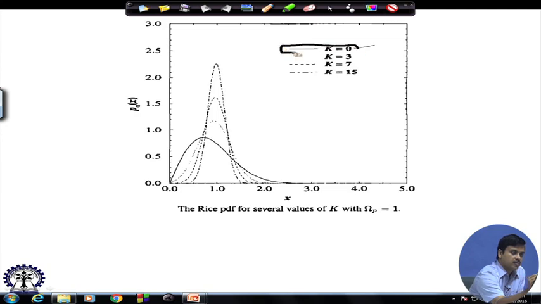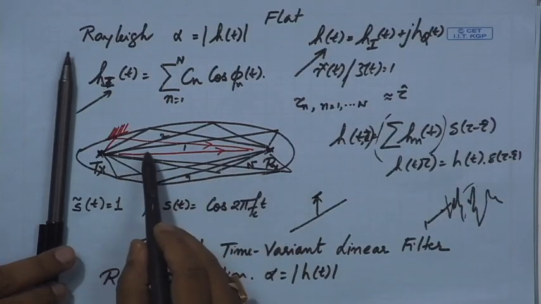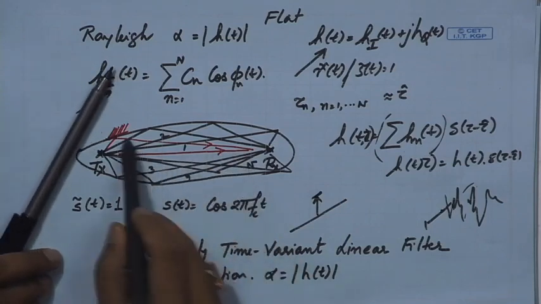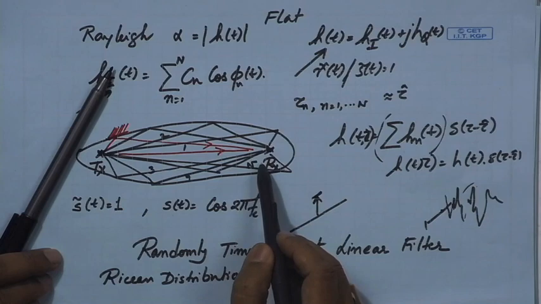When k is equal to 0, that means the weight of the Rician component is 0. That means there is nothing in this specular component, so we are left with all reflected paths, and what we end up with is a Rayleigh.